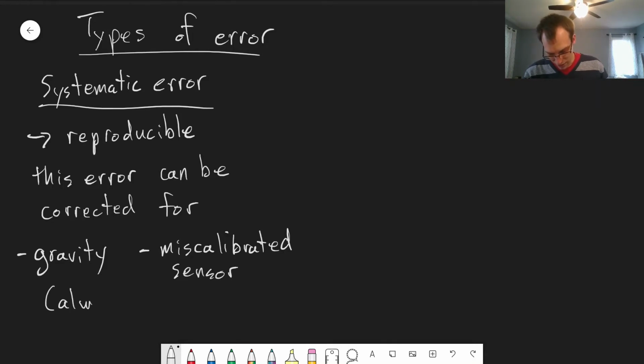One key thing you'll notice about systematic error is it's always positive or negative relative to what you know to be the correct value. So something like a thermometer where the calibration is off and it always reads 2 degrees too high. Or like the speedometer in my car.